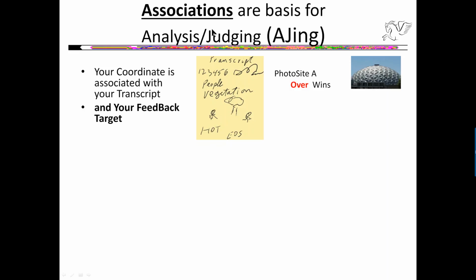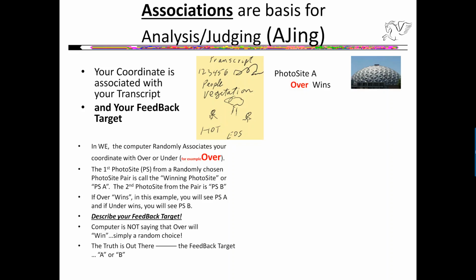You're wearing your judge's hat now, and you look at this transcript, and you'd say, well, I don't see any people. No vegetation. Well, maybe this shape is a little bit like that, but that sure looks an awful lot like a tree and people. I don't know if it's hot or not. I think we'd all agree that we'd give that a pretty low score, maybe a 1, on the TARG 0 to 7 scale.